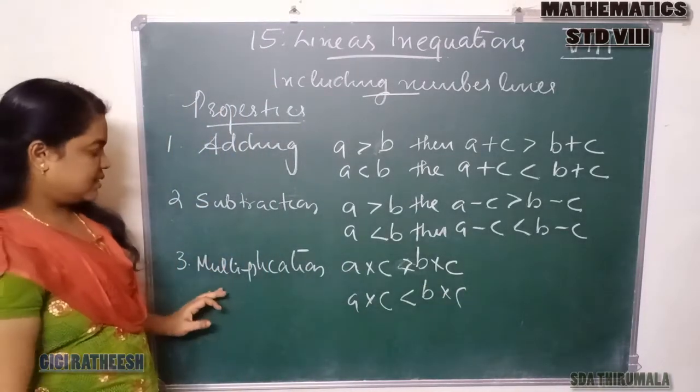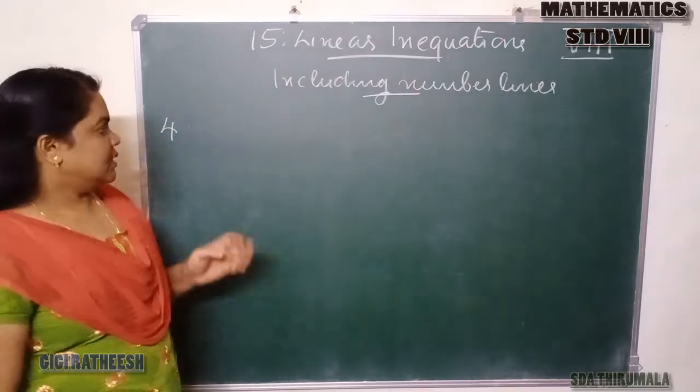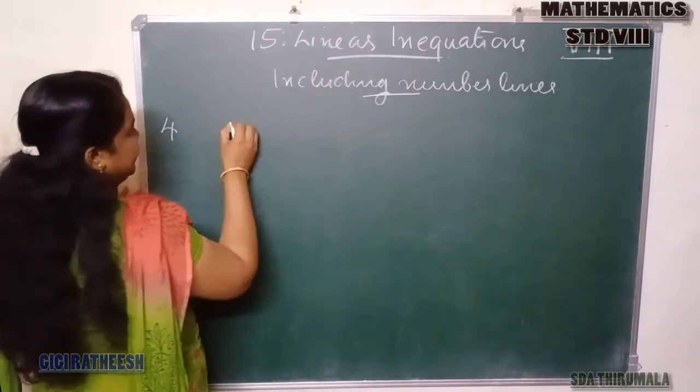That is the third property. Next is multiplying by a negative number.